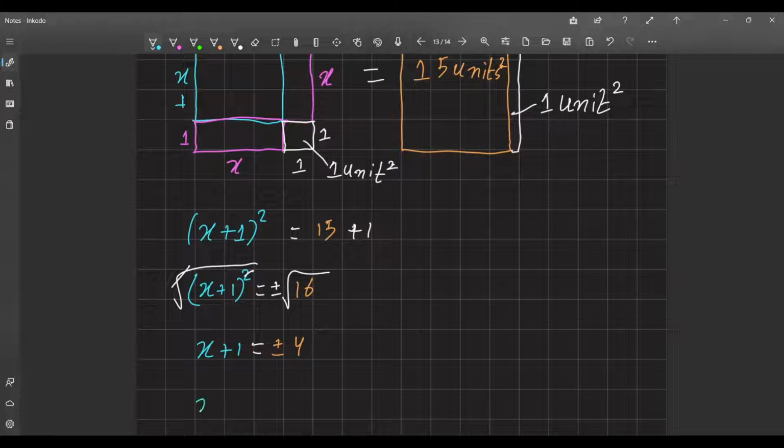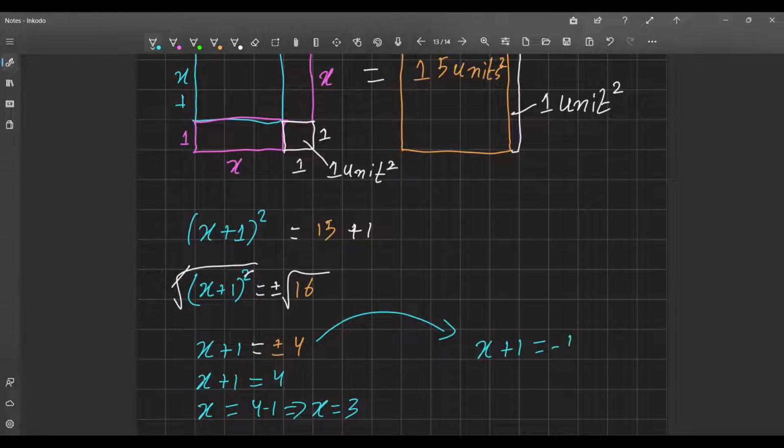So if I do it for the first, it would be x plus 1 is equal to 4, making x equal to 4 minus 1, and this would give me x equals 3. Now if I solve it for x plus 1 is equal to negative 4, I would get x equal to negative 4 minus 1, making x equal to negative 5.